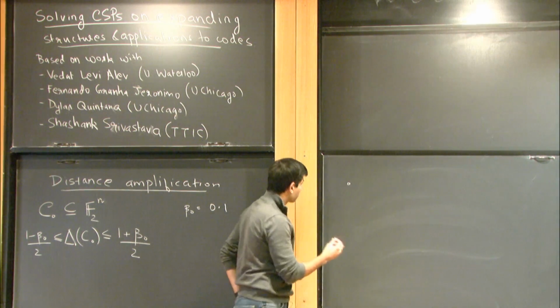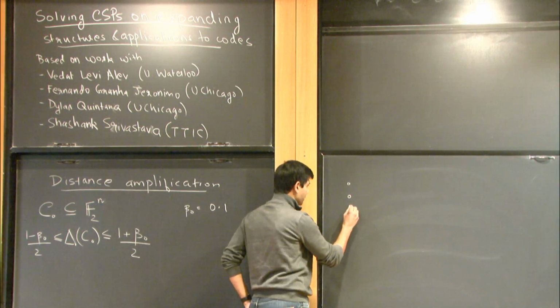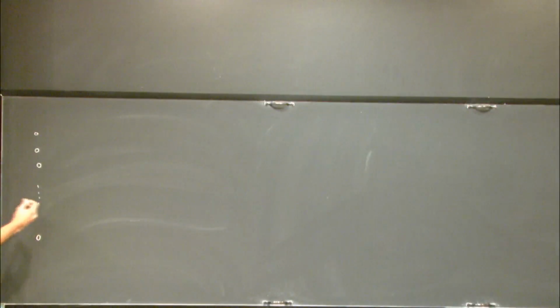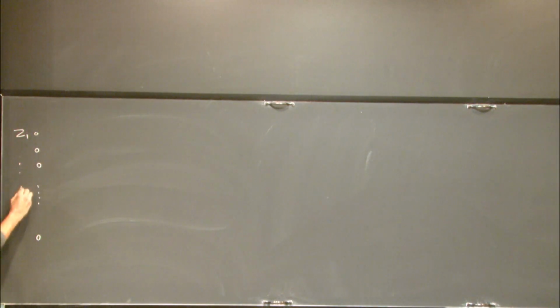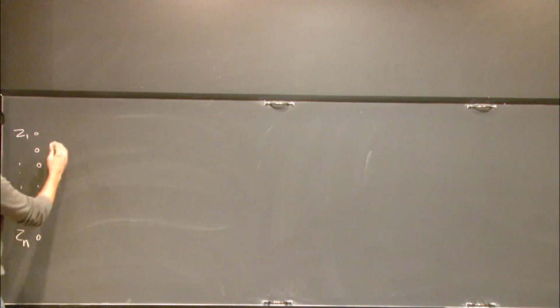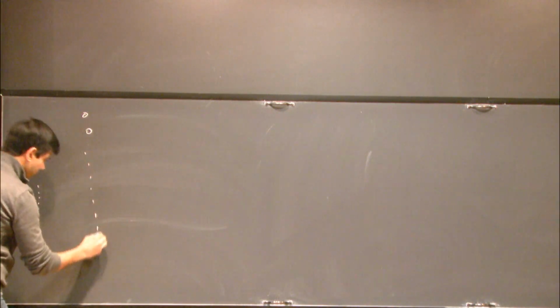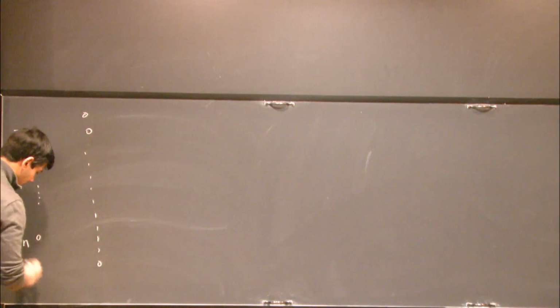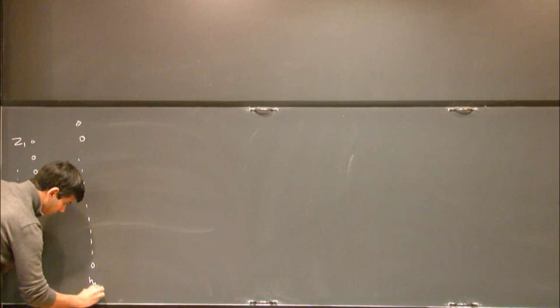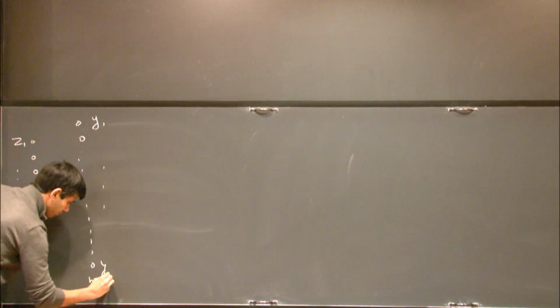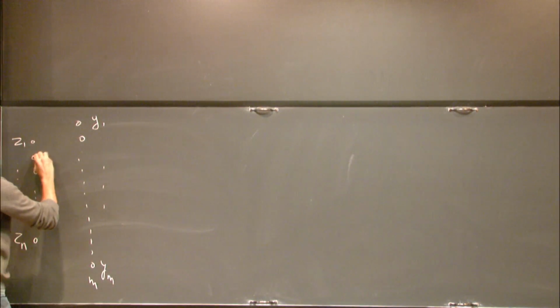I'll represent what we want to do in a couple of ways. But here's one way of trying to improve the distance of this code. We will write down the bits of a code word on, let's say, n vertices of a bipartite graph, with n vertices here, let's say m vertices here, and let's call them y1.